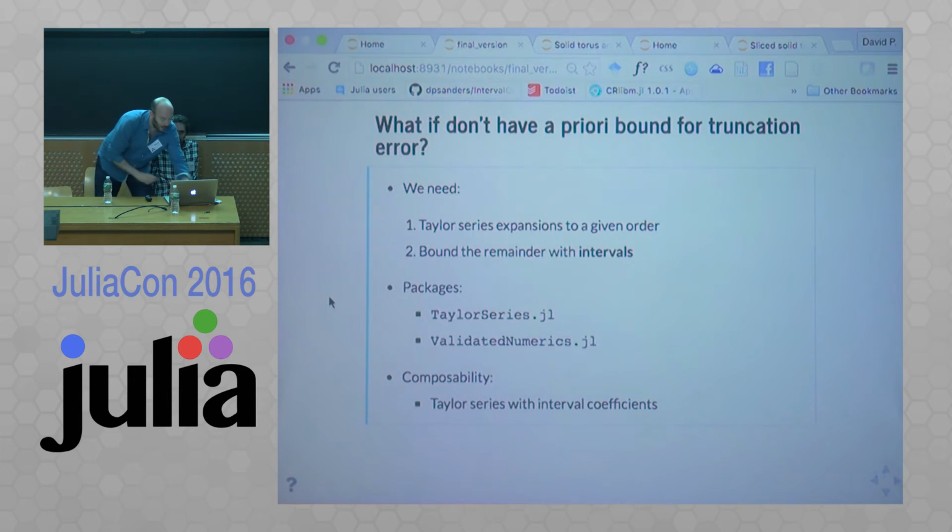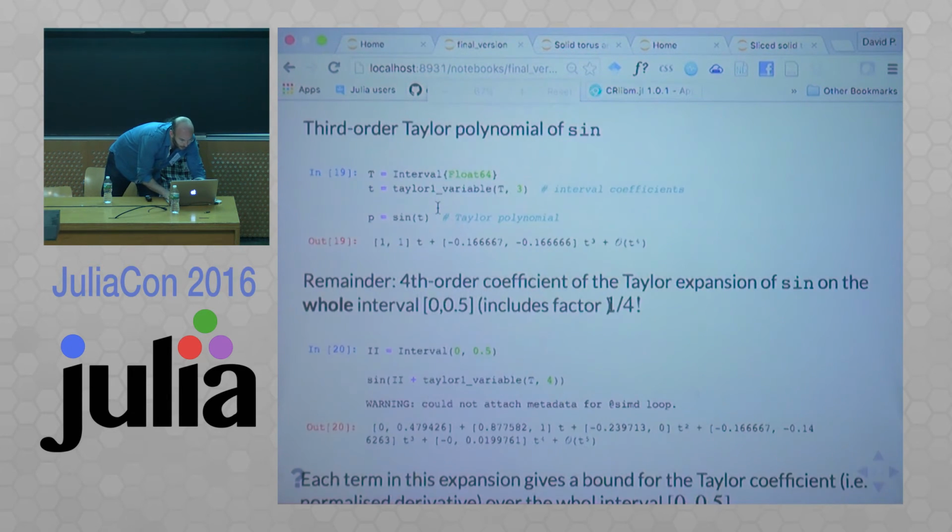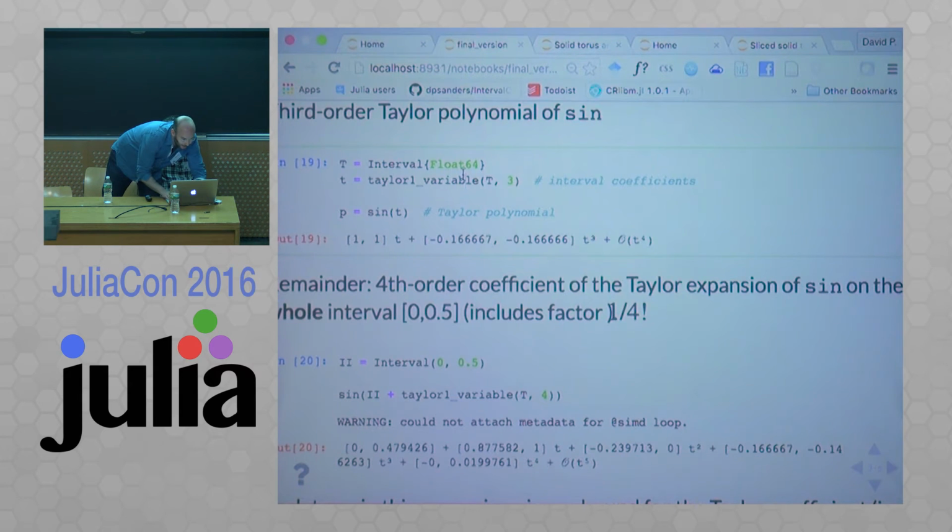So how do we do that? This is how to make, in the Taylor series package, Taylor series where we can fix the type of the coefficients. So here, I'm just putting t as this type of interval with float coefficients inside. I'm going to fix that as the type of the coefficients of my Taylor series, and then do the expansion of that variable.